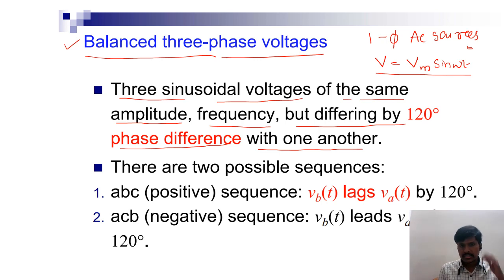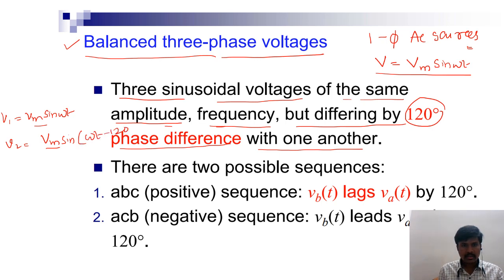The first voltage expression is V1 is equal to Vm sin omega t, and V2 is equal to Vm sin of omega t minus 120. Here amplitude and frequency are the same; the phase angle is the difference, which is 120 degrees.